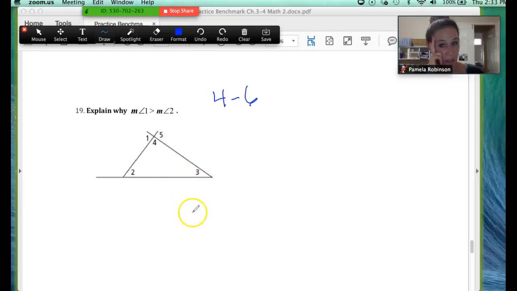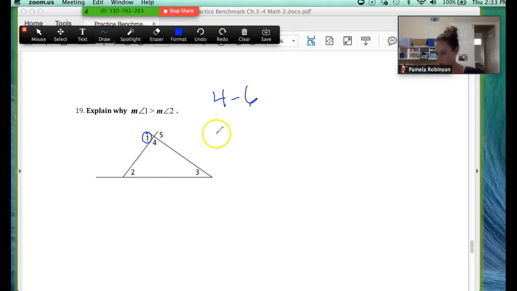Now the exterior angle inequality says, if the exterior angle equals this plus this, then it has to be greater than any single angle. Added together, they equal that. So just alone, 1 will be greater than 2, or 1 will be greater than 3. So why?